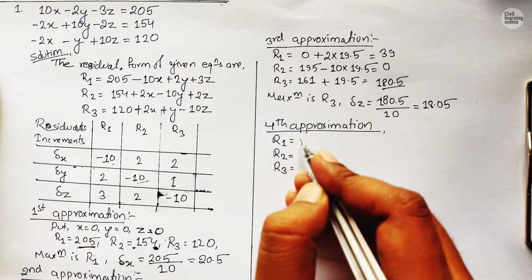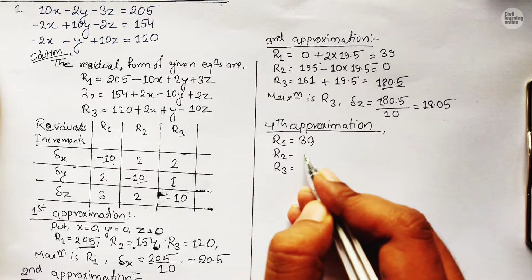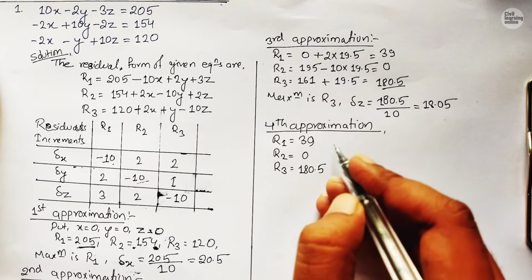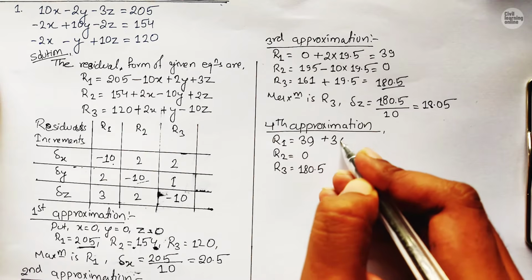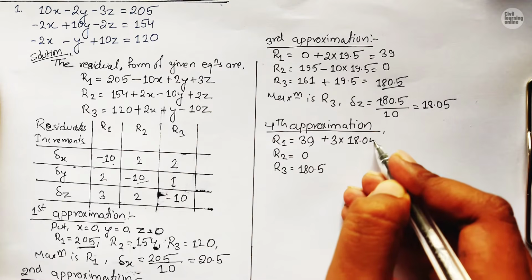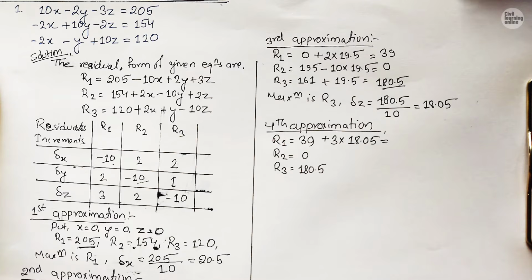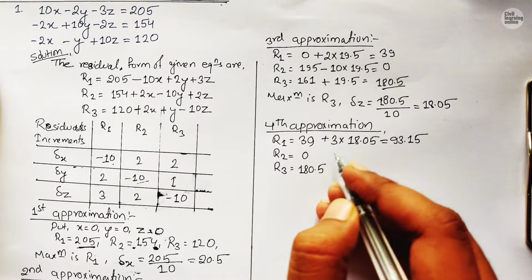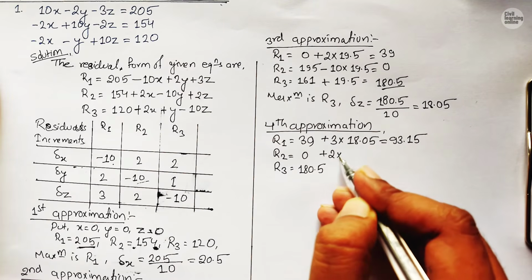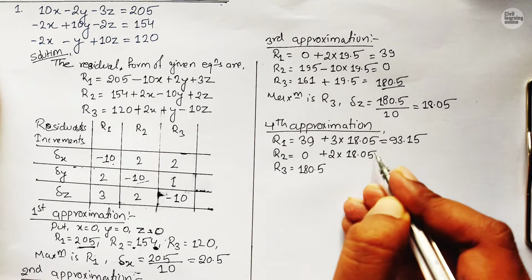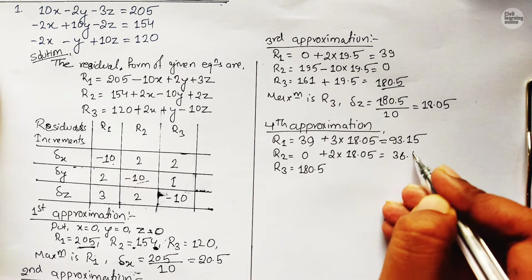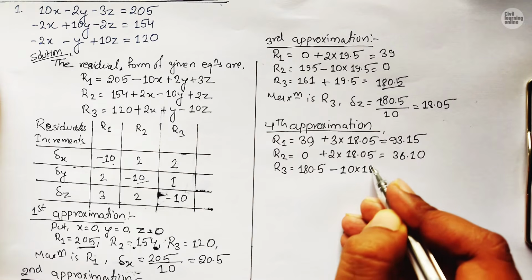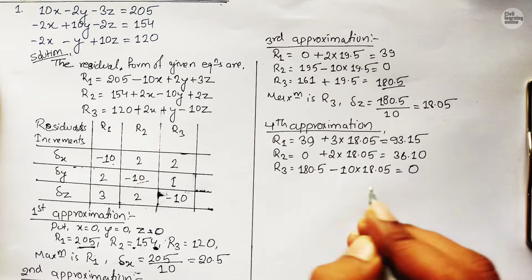R1 equals 39, 180.5 plus 3 times 18.05 equals 93.15, plus 2 times 18.05 is 36.10, minus 10 times 18.05, we will get 0.